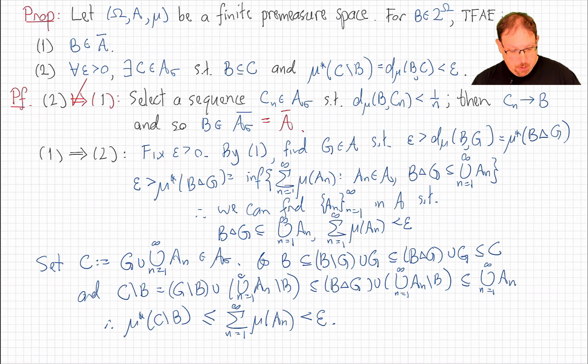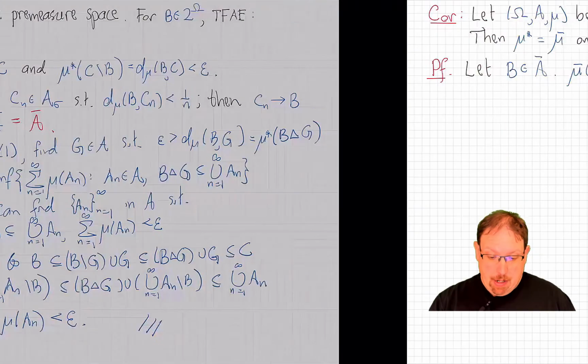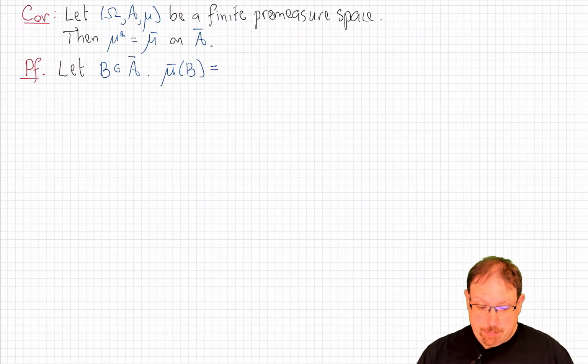And that concludes part 2. And so we have our characterization of the closure of A as those sets that can be outer approximated by elements of A sigma. That now allows us to prove the desired statement that mu star and mu bar agree everywhere on A closure. Okay.